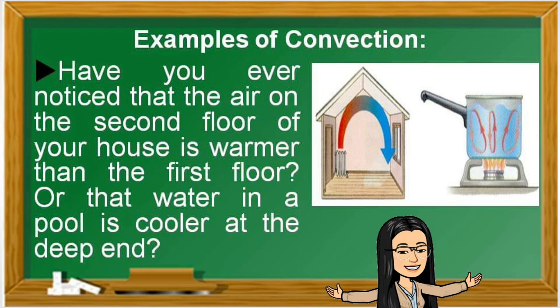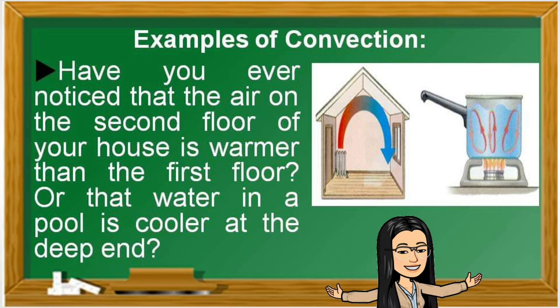So, when the water at the bottom of a pot is heated, its particles move faster and they also move farther apart. As a result, the heated water becomes less dense. A less dense fluid will float on top of a more dense one. Therefore, the heated water rises in the pot.